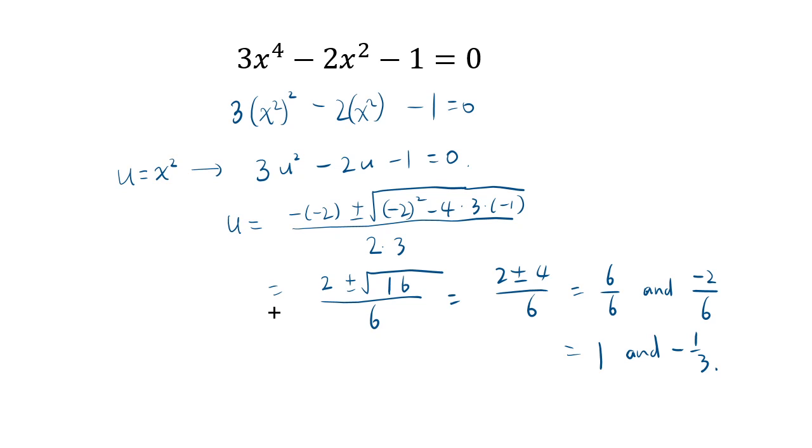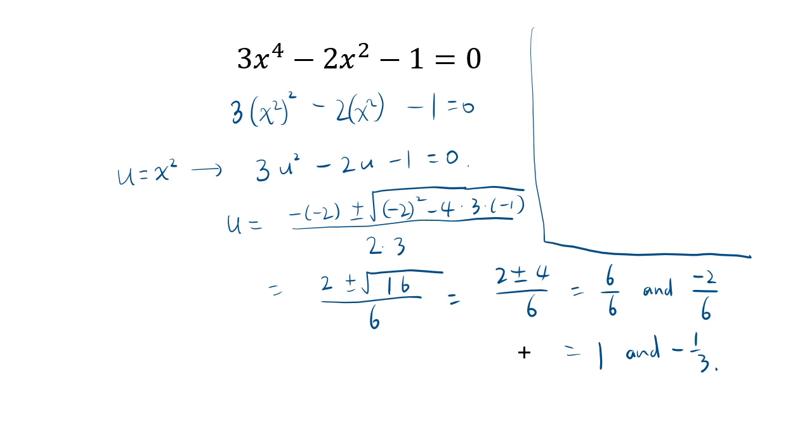Now, you might think that this is the answer, but not so fast. Because we are looking for the value of x, and x is not 1 and negative 1/3. It's really u equals to 1 and negative 1/3. So, the main lesson for this question is that yes, substitution makes things look easier, and you can solve it because it's easier.